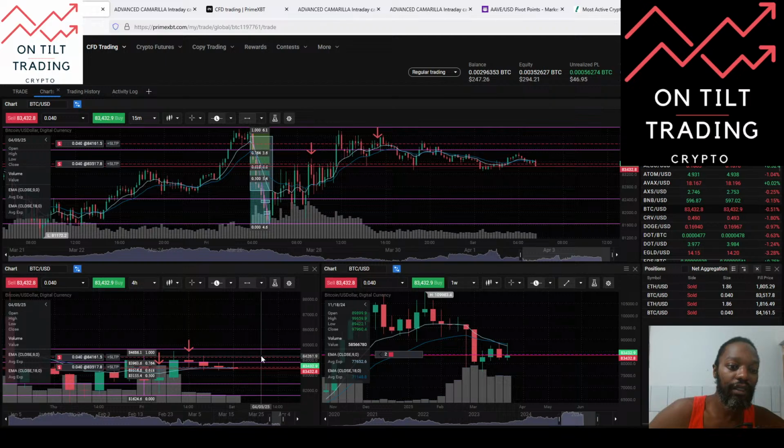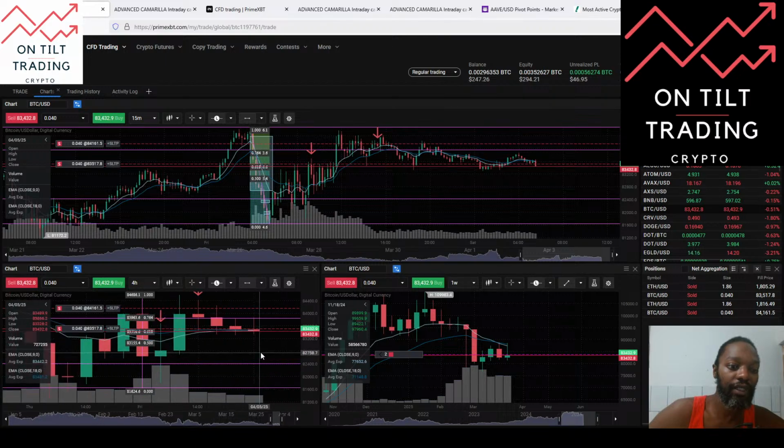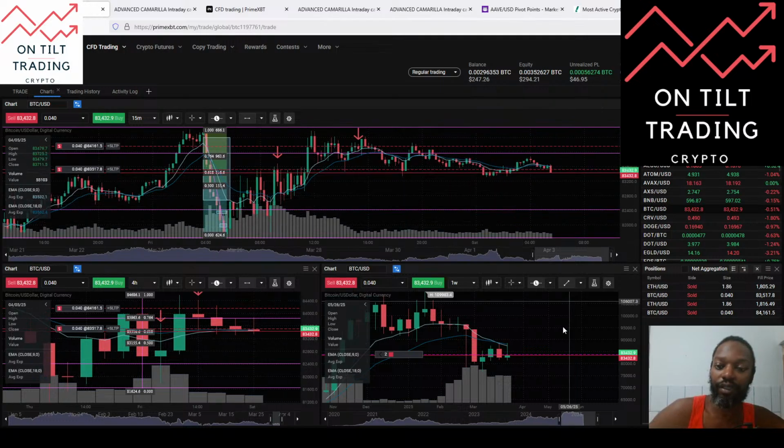Trades can take some time to materialize, which is fine for me and how I'm trading currently. So let's take a look. I'll show you what I was seeing here on Bitcoin. Bitcoin, same thing. We have a crossover here of the 18 and the 9 EMAs here.